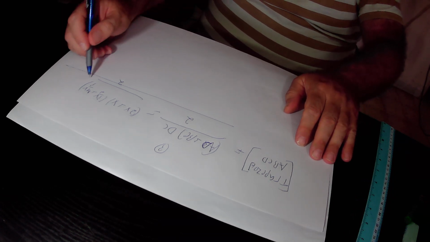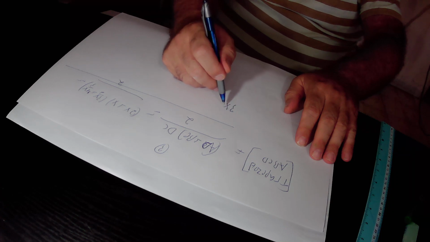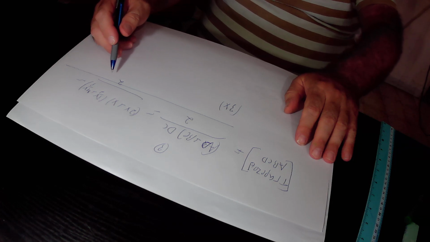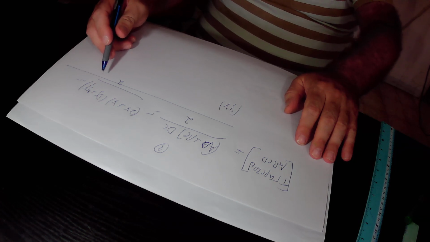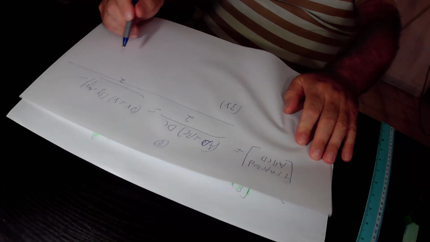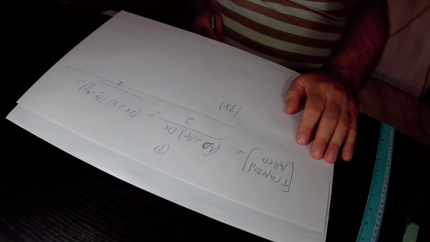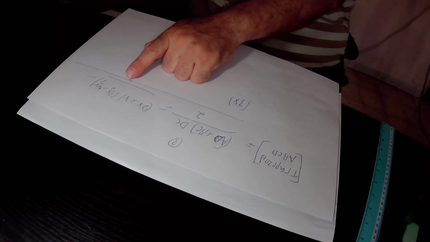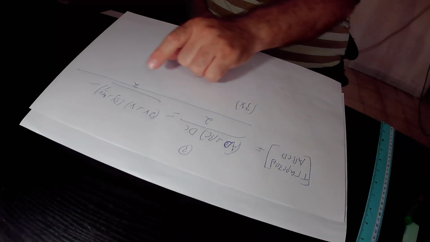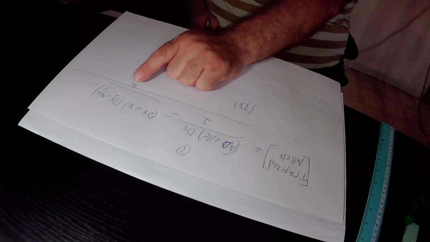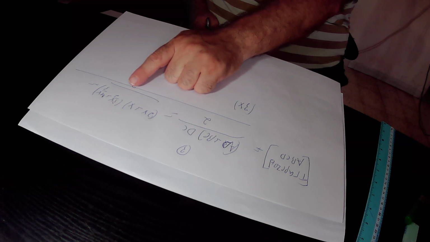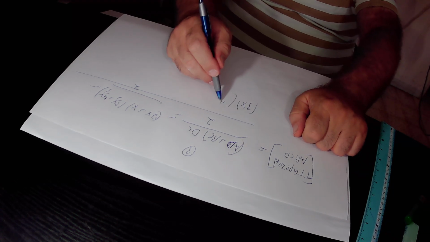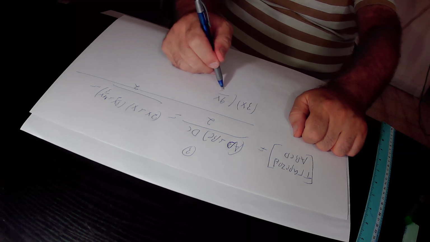2x plus x is 3x. Inside the brackets we have 3x over 2 plus 4x over 3. So here we take 6 as a common denominator for these two expressions. That is to say, we multiply both the numerator and the denominator of the first expression by 3. In this way we get the common denominator 6, because 2 times 3 is 6. So 3x times 3 is 9x, and 2 times 3 is 6.